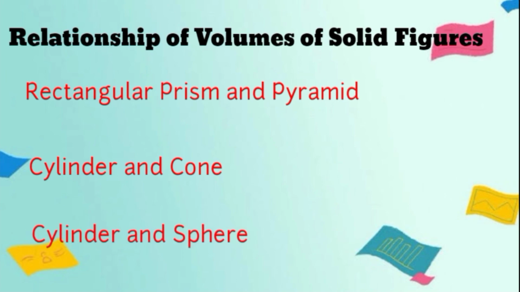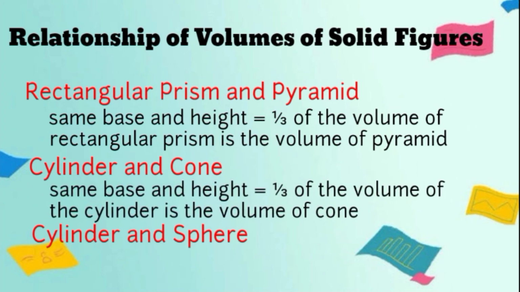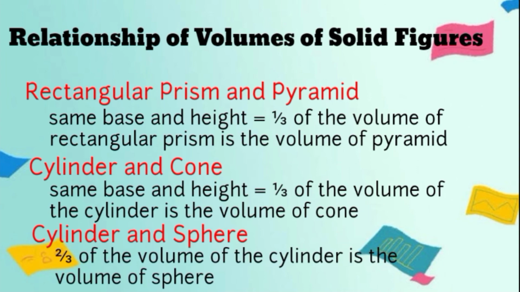Always remember that if the pyramid and rectangular prism have the same base and height, the volume of the pyramid is one-third the volume of the rectangular prism. If the cone and cylinder have the same base and height, the volume of the cone is one-third of the volume of the cylinder. And the volume of the sphere is two-thirds the volume of the cylinder.